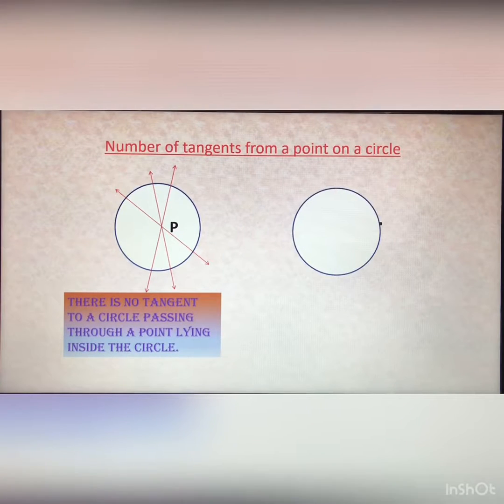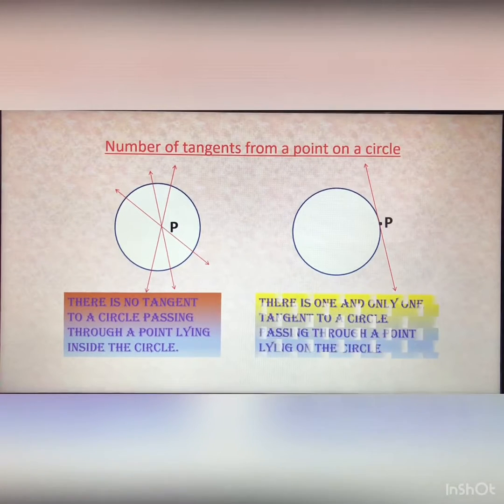Now here is the second circle you can see. For this circle, yes, of course, if a point lies just on the circle, then you can draw only and only one tangent. ठीक है, ये क्लियर हुआ?